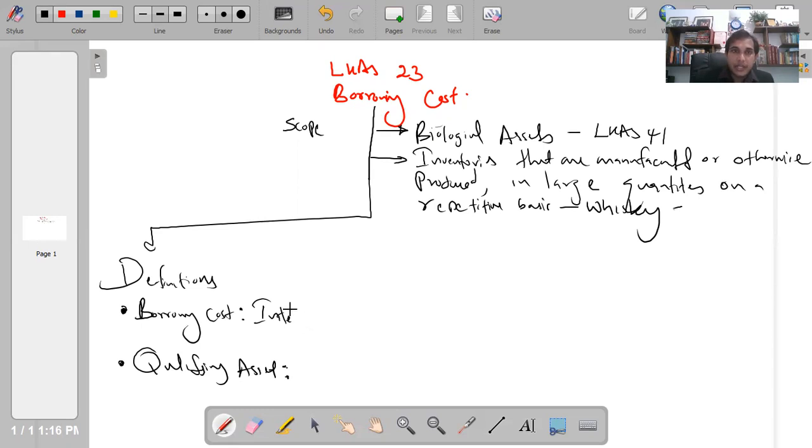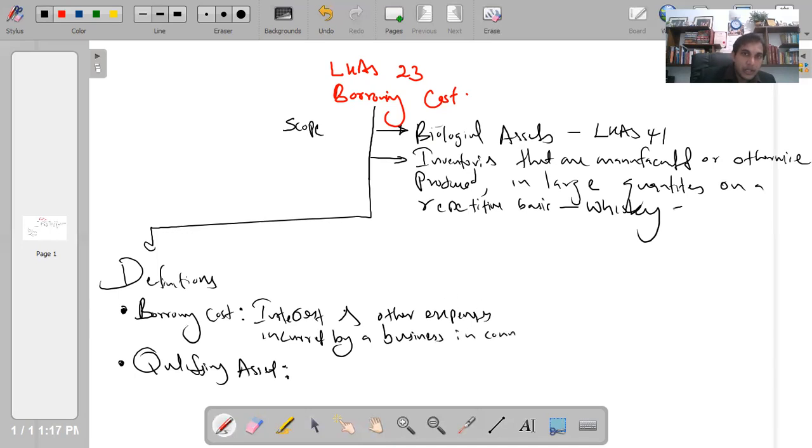So I would write on my whiteboard: interest and other expenses incurred by a business in connection with the borrowing of funds.